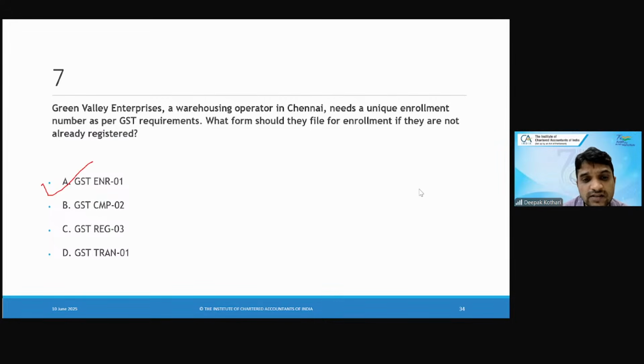Enrollment we had discussed. It will be in form ENR1. Why are people saying C and D? Oh, okay. Fine, Ishan. So I stand corrected for that question. He's not required to maintain stock of goods and details of tax. Okay. I'll change that question.